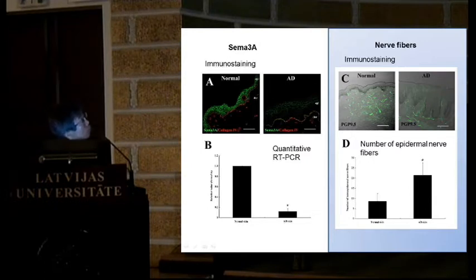This slide shows the relationship between semaphorin 3A and nerve fibers. In normal healthy skin, abundant semaphorin 3A expression can be seen, and the nerve fibers are located in the dermis. On the other hand, in atopic dermatitis skin, the expression of semaphorin 3A significantly decreased, and the nerve fibers penetrate into the epidermis.